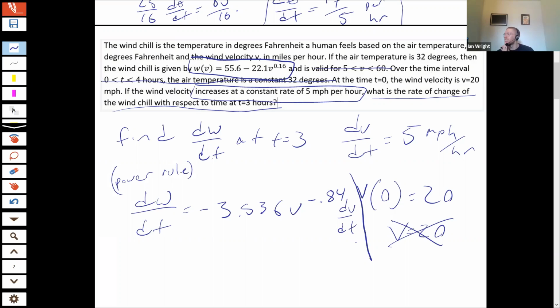So this one at first glance seems pretty easy, right? So I have the derivative, and I have this v of 0 equals 20, and then I have dv dt is 5. So I can plug this in right away. So times 5.